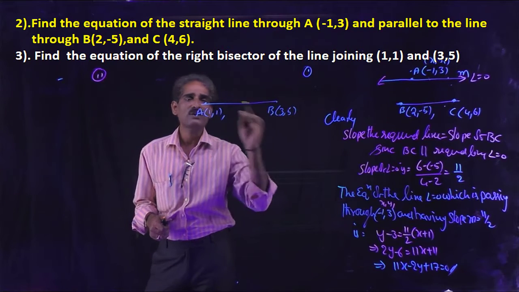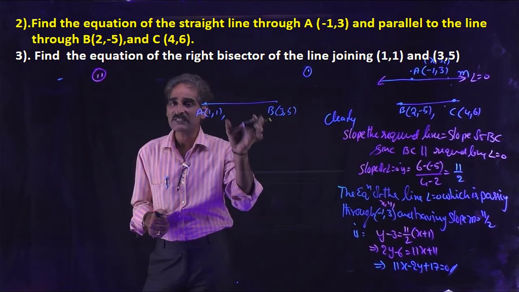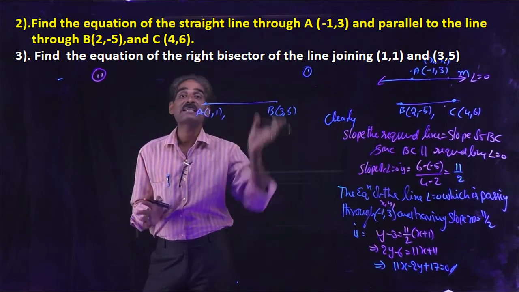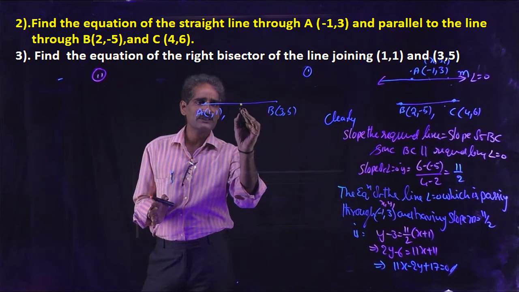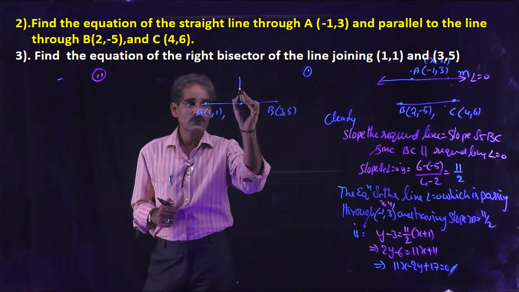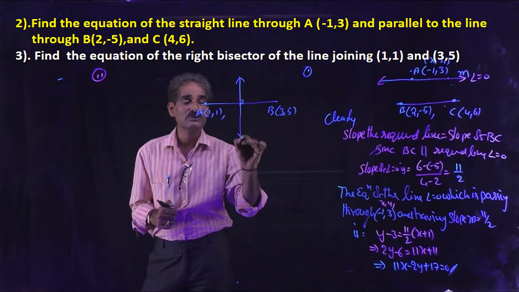We have to find a line which is the right bisector of these two. Right bisector means the line which is perpendicular to AB and bisecting AB. That means it is passing through the midpoint of AB and is also perpendicular to AB. Here we have to find the equation of this line.